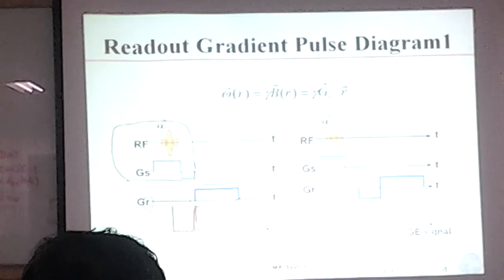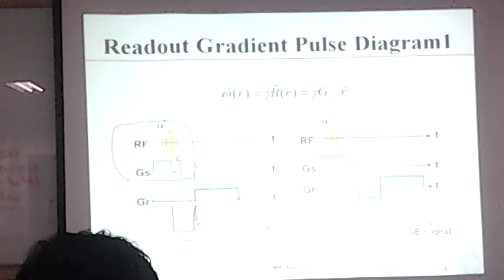But there are some problems here. You can recognize the problem here. Yeah, the signal decays very, very fast here, right? Same problem as I said before. For the slice selection gradient, the excited signal also decays very fast due to the gradient.